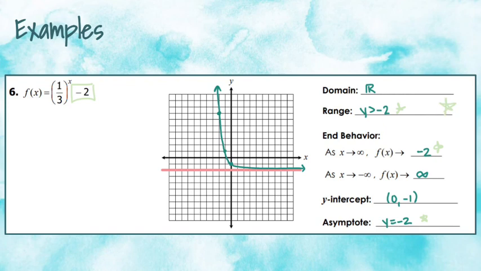It's going to tell us about one of our end behaviors, and it could be either one depending on whether it's growth or decay and if it's reflected or not. But one of these end values will be your k value. And then it will also be your asymptote. So just pay attention to those commonalities.